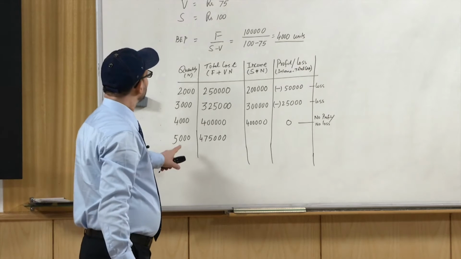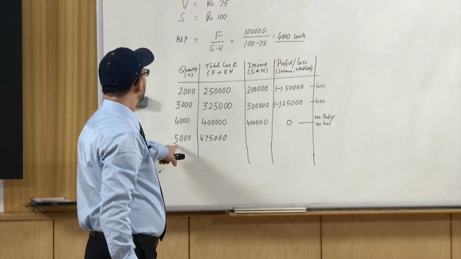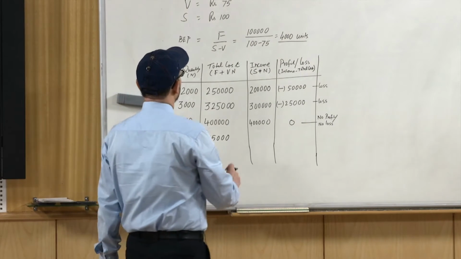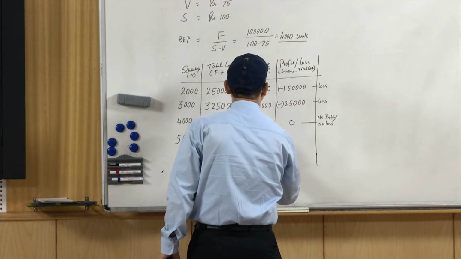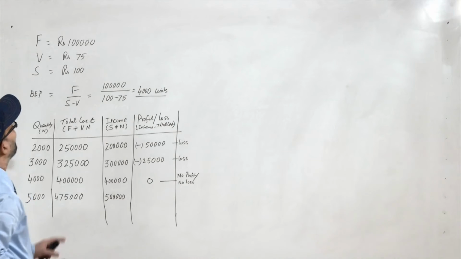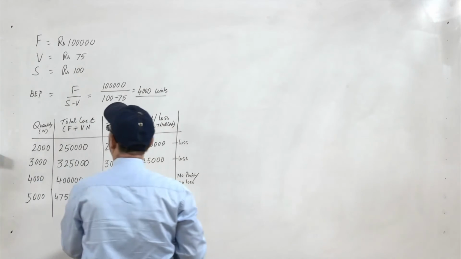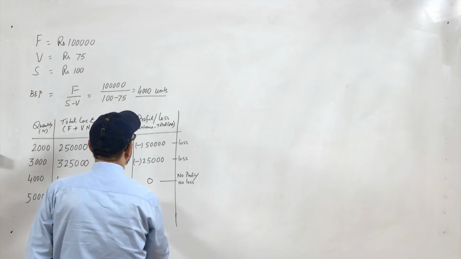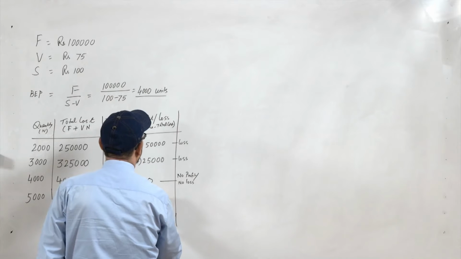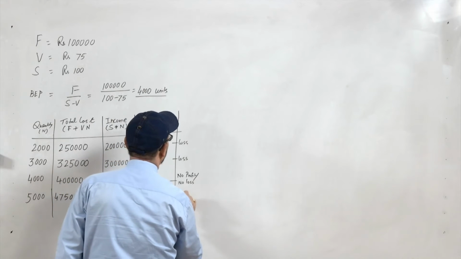The income will be 5,000 multiplied by 100, it is 5 lakh. So, now the difference of 5 lakh and 4 lakh 75,000 will be coming as 25,000. So, it is now profit.